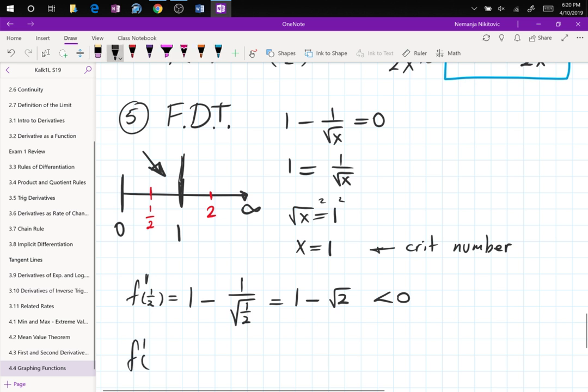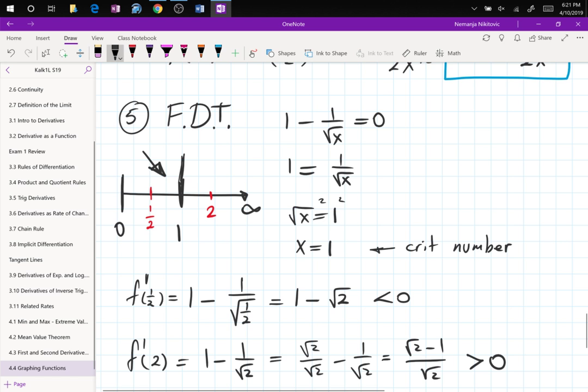Now, the first derivative computed at 2 is 1 minus 1 over root 2. And this will remain positive. Now, we can actually do the common denominator, root 2 over root 2 minus 1 over root 2 is root 2 minus 1 divided by root 2.